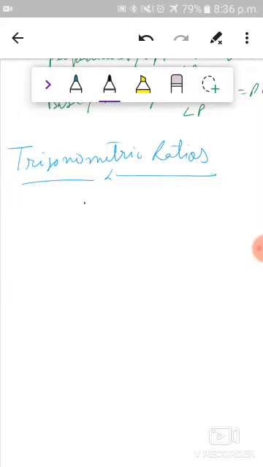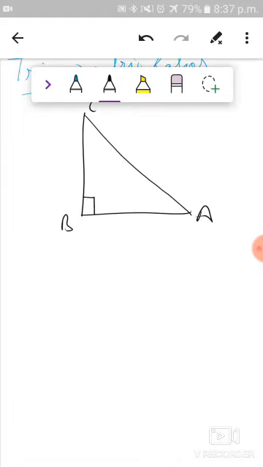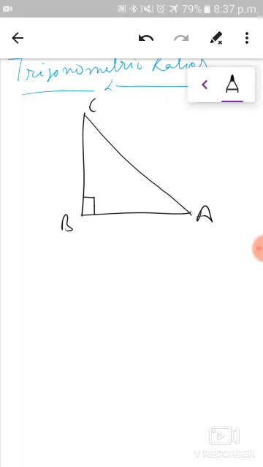Let us say this is my right angle triangle ABC, which is 90 degree at B. Now we have studied the concept of a ratio in our earlier classes. So I'm going to write here a few ratios, and these ratios are given particular names.